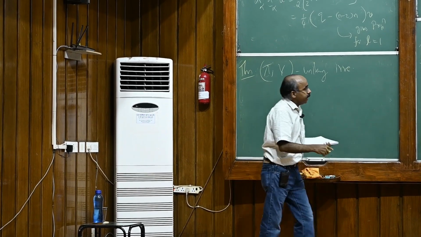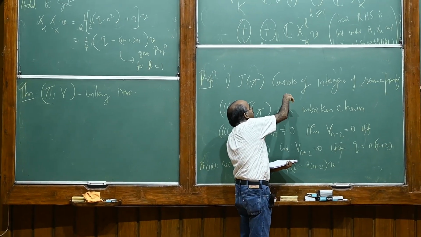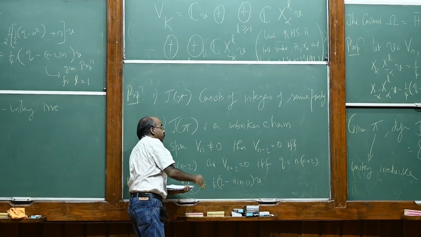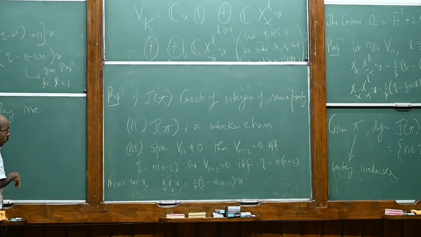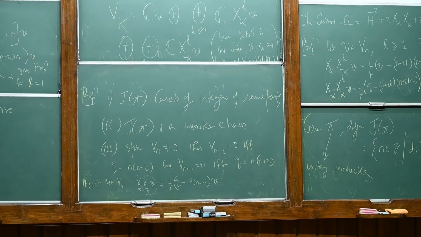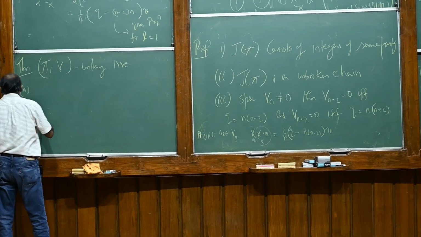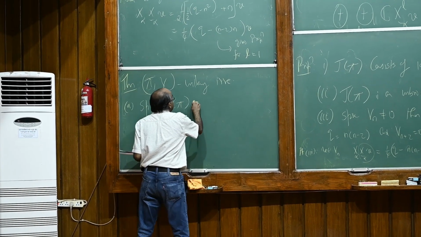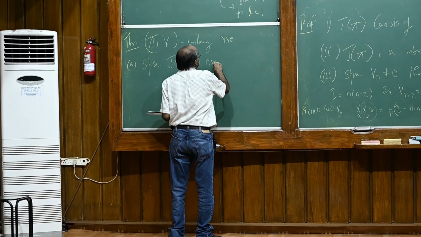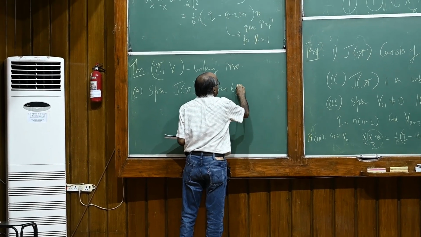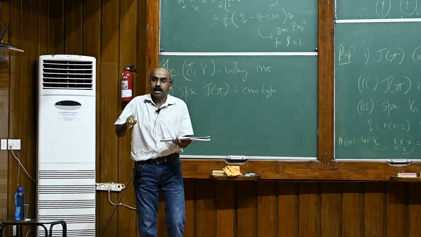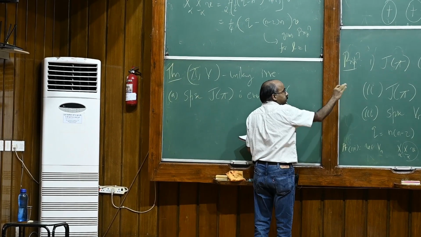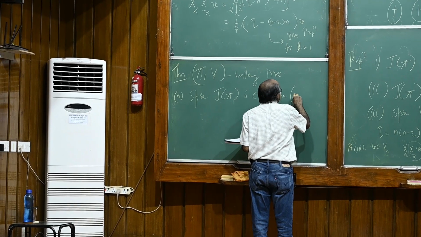So we have already proved that J pi will have only integers of the same parity and it's an unbroken chain. So what are the possibilities of J pi? Suppose J pi is even type. What do I mean by that? It has only even numbers. Or odd type. These are the possibilities.